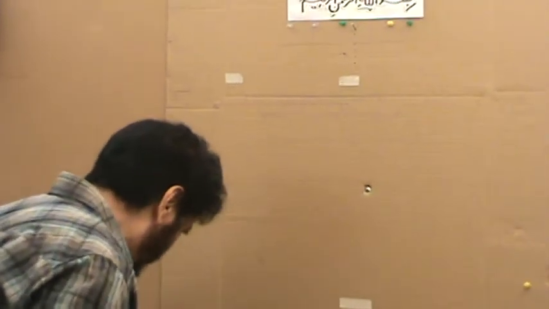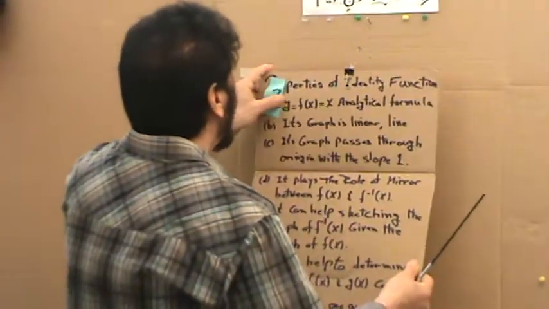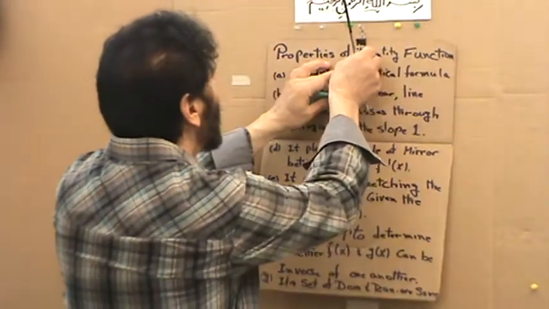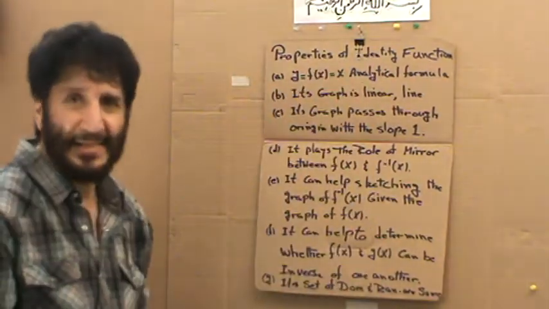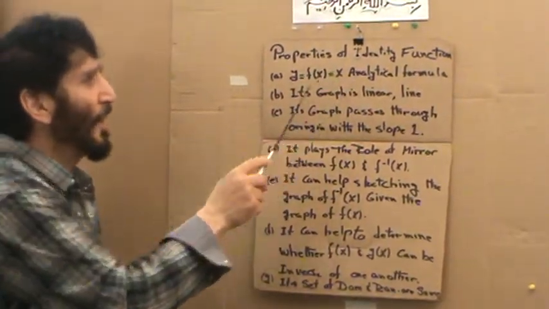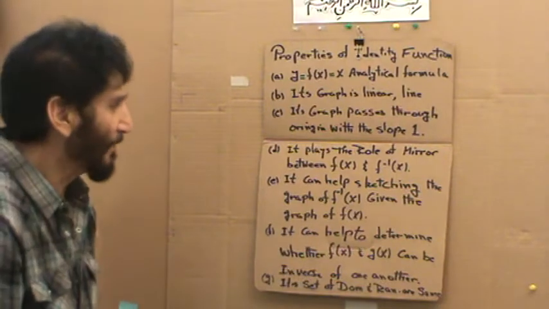Okay, now let me see what will be in my list. Now I go through the properties of the identity function, which is also asked in that list. I have selected the first one in the list. Properties of the identity function, I just read what I have written for you.